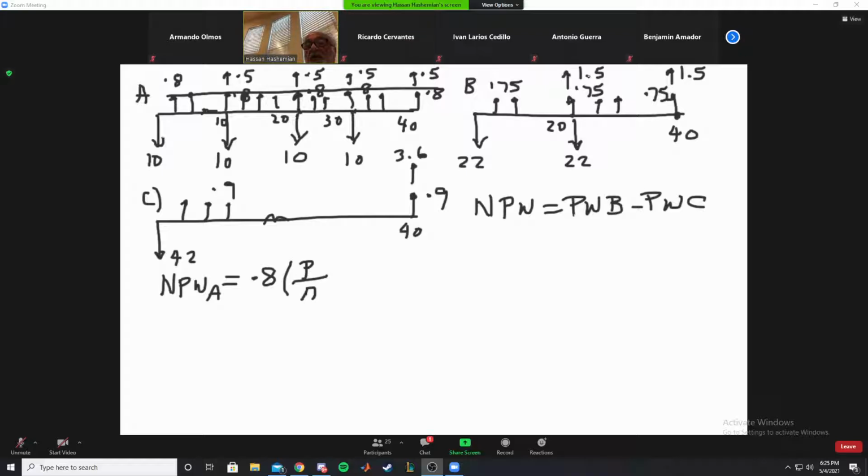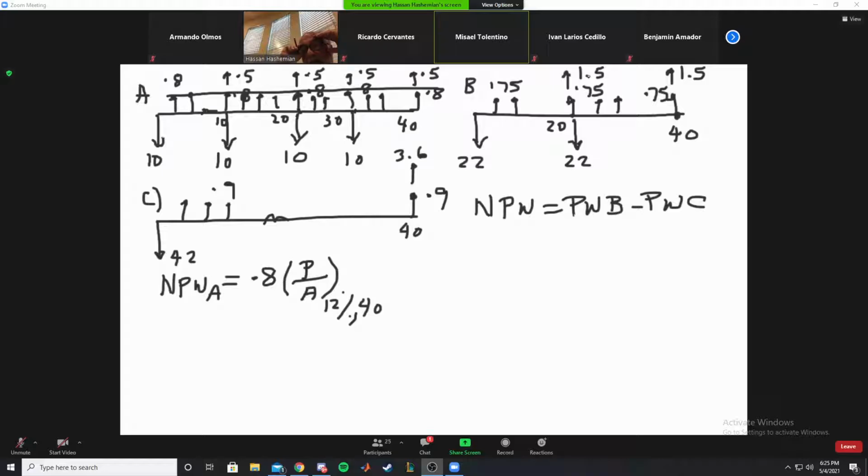Because this is already A, and A times P over A gives you present. So the problem gives you 12% interest and 40 years. So that takes care of all the benefit. Any question on that? How do we bring all the annual to the present?